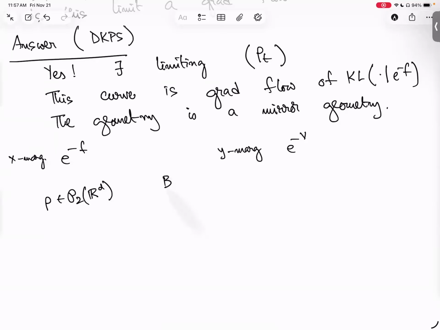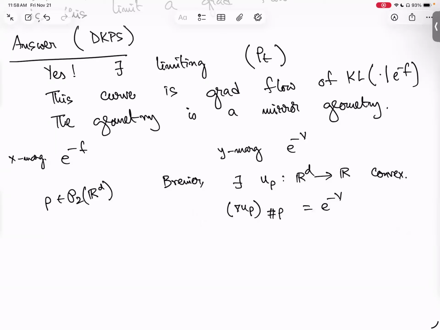By Brenier's theorem, there exists some u_rho from R^d to R, some convex function, such that the gradient of u_rho will take my rho to e to the power minus g.